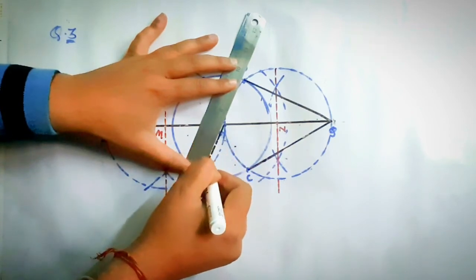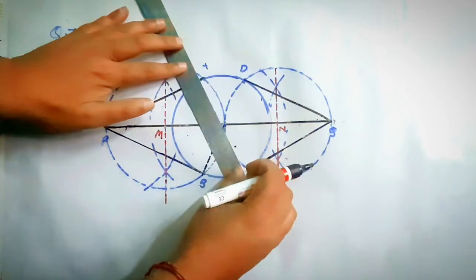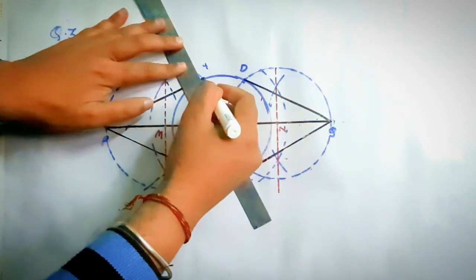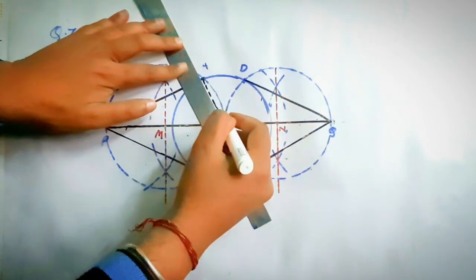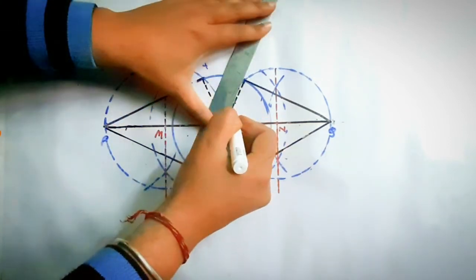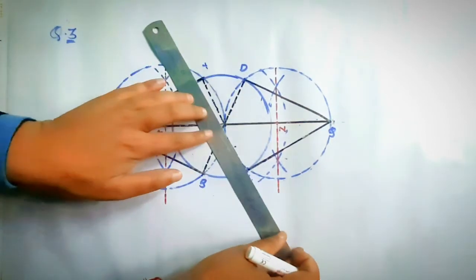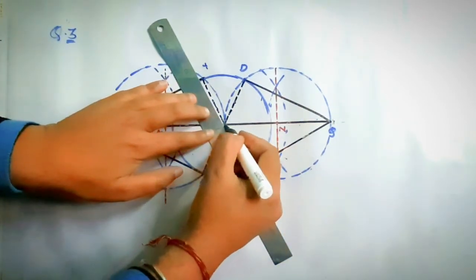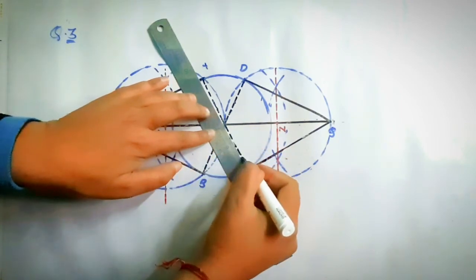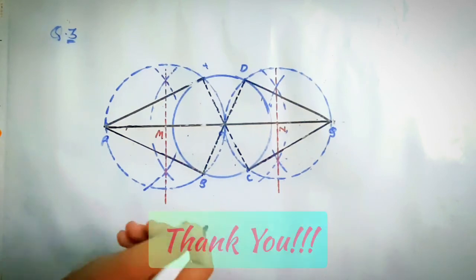But join in dotted, as I told you, that we are joining these for verification only. So this is your required construction.